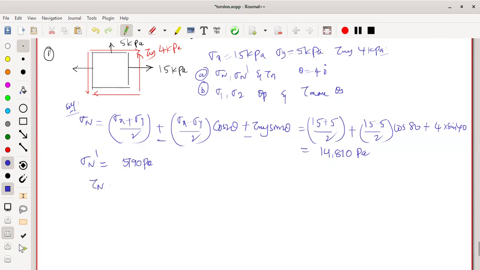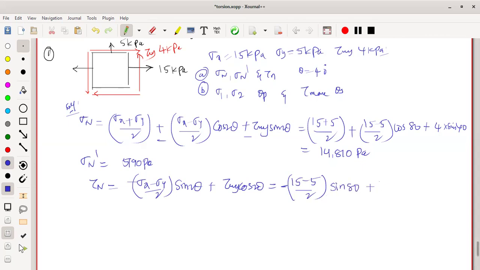Simultaneously you can calculate tau n. Tau n is sigma x minus sigma y by 2 into sine 2 theta plus tau xy cos 2 theta. Again substitute everything. That is 15 minus 5 by 2, here it is minus, into sine of 80 degrees plus 4 into cos of 80 degrees.